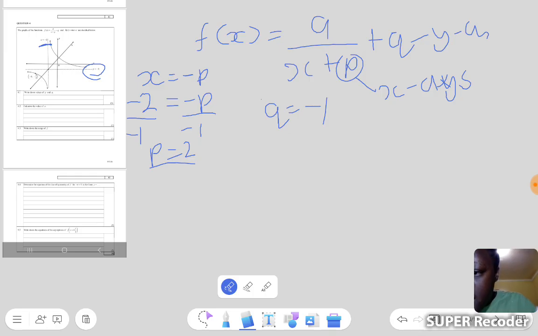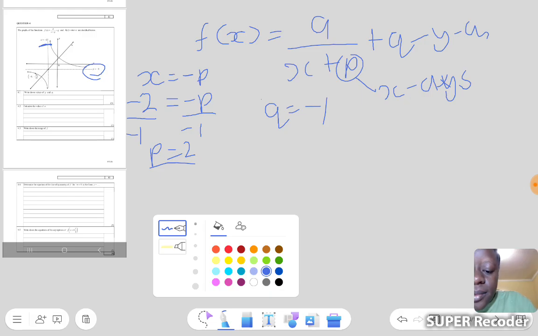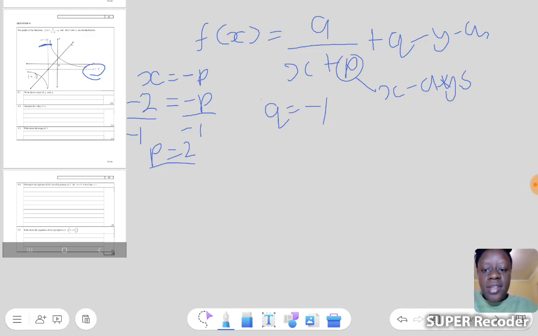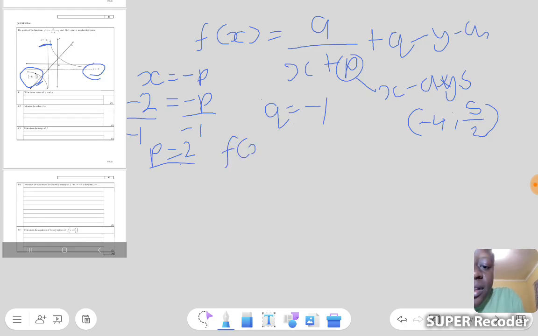4.2 says to calculate the value of a. Let's calculate the value of a, given that we have p and q already there, and also we have this point here, being negative 4 and 5 over 2. So we have our formula written like this: a over x, remember that we already have p, plus 2, then minus 1.